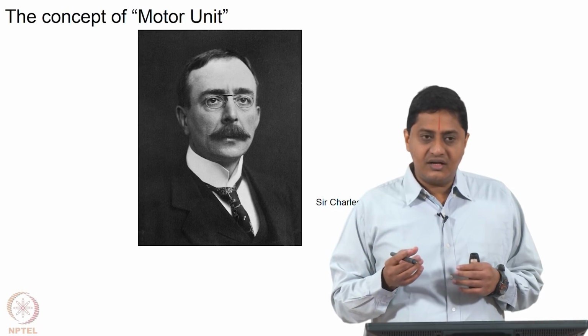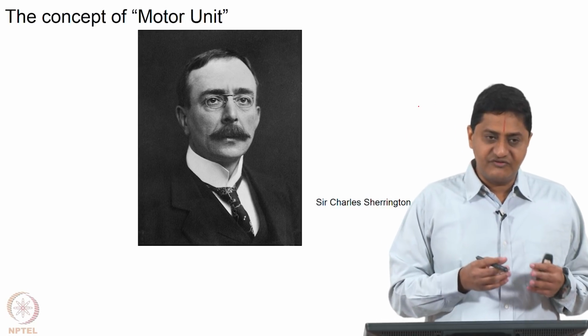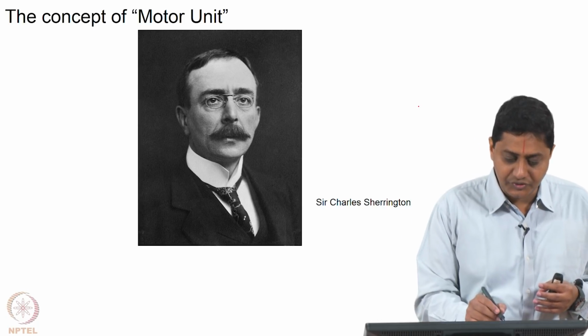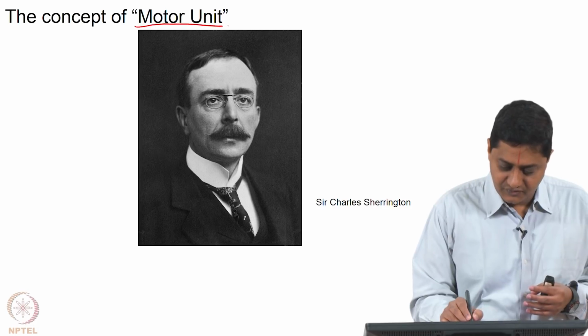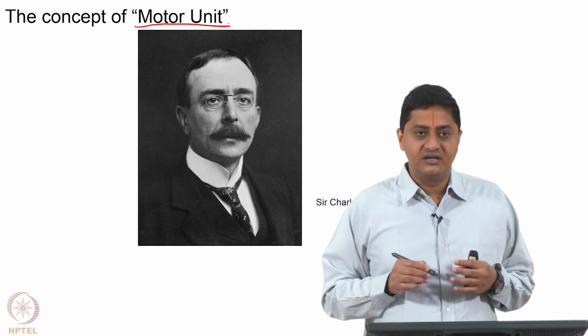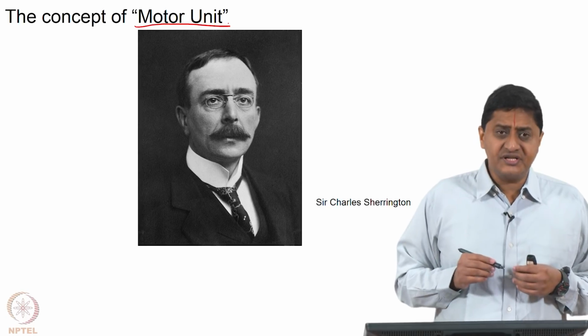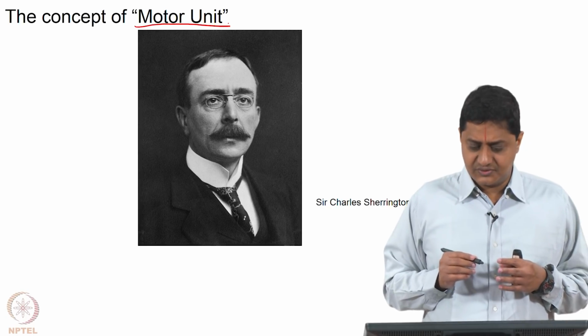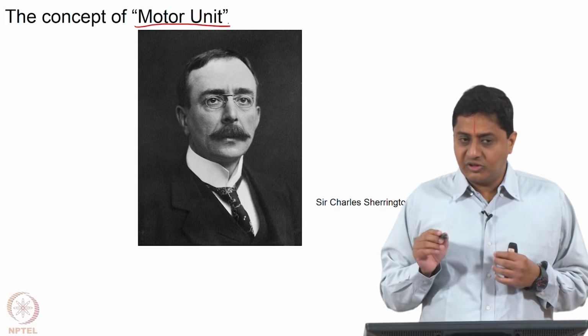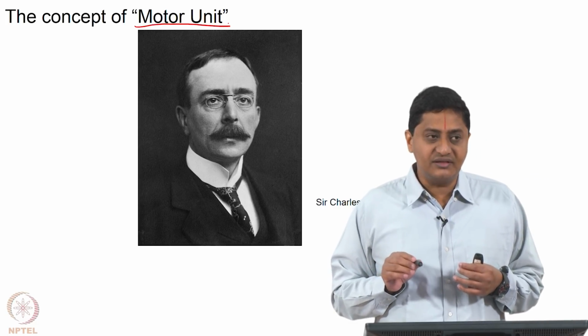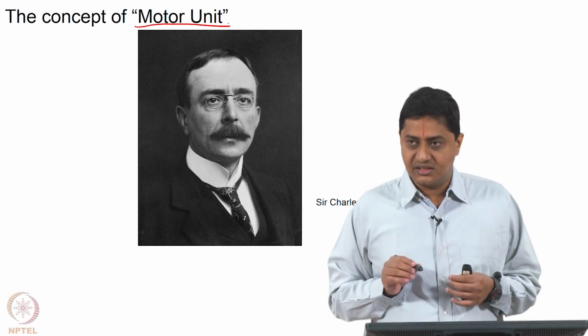And he called all the muscle fibers attached to a particular motor neuron a motor unit. It was a revolutionary thought in the 1920s. So, he said that one motor neuron and all the muscle fibers innervated by it together is called a motor unit.